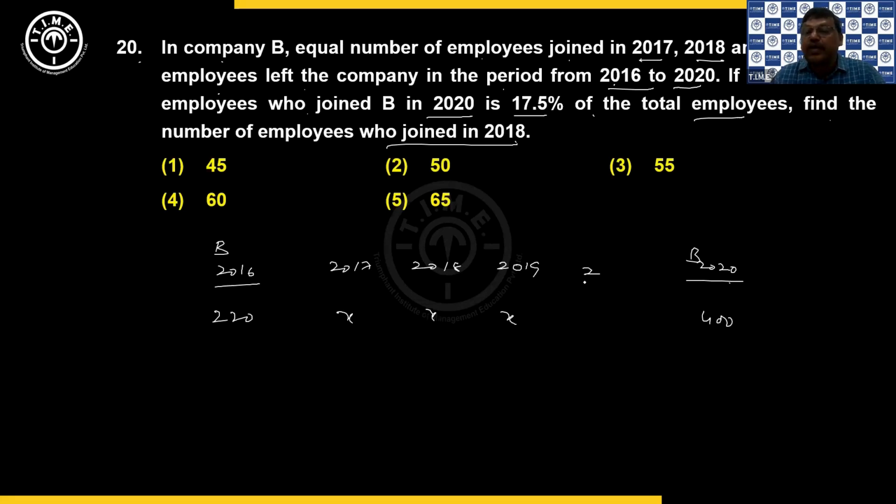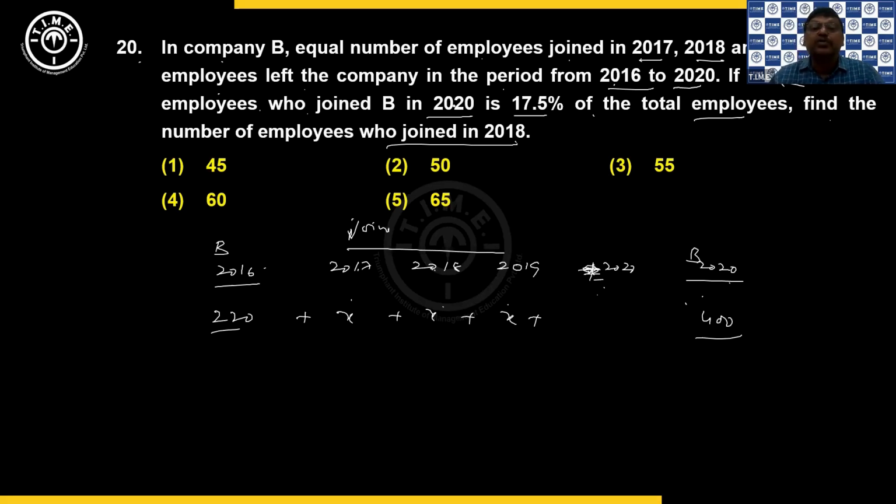And in 2020 also some people will join, no? See, this plus this, whatever 2020 joining. So this is the people joined. 16, this many are there at the end of 16. In 17 somebody joined, 18 somebody joined, 19 somebody joined, 20 also somebody will join, no? By the end of 20, this many people are there. But how many are joining in 2020?